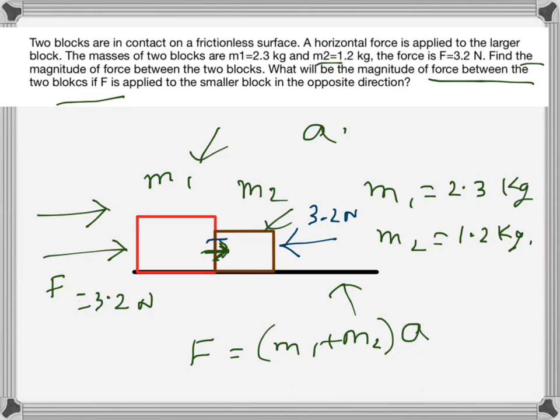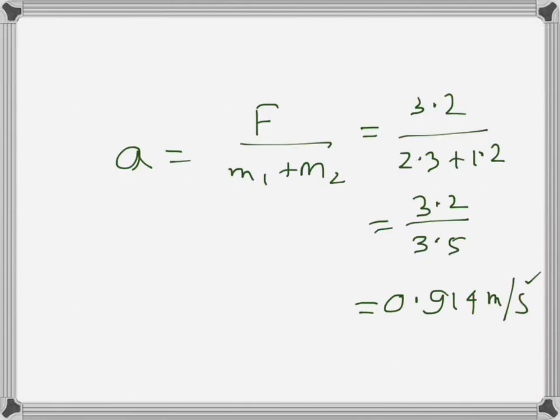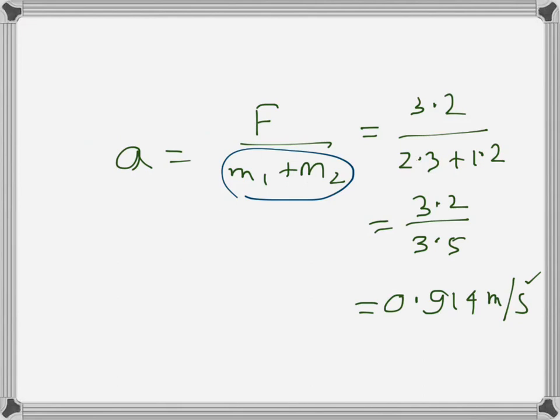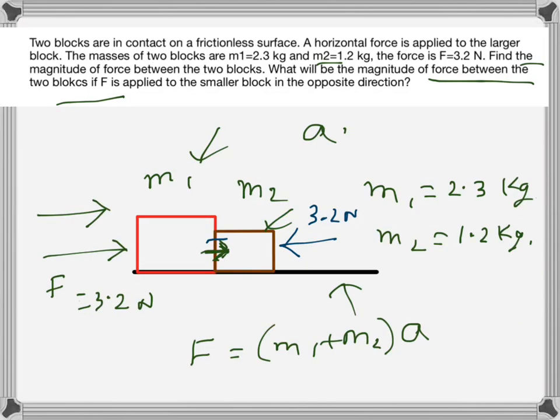The acceleration will again be the same because the total mass is the same. The acceleration is calculated using the sum of the masses, m1 plus m2. But the force between the two blocks, whether we call it 12 or 21, will be in this direction now.